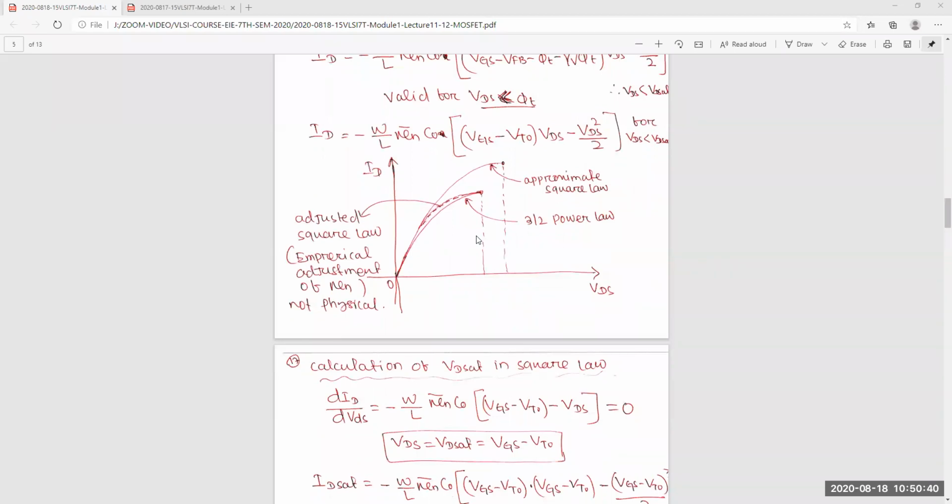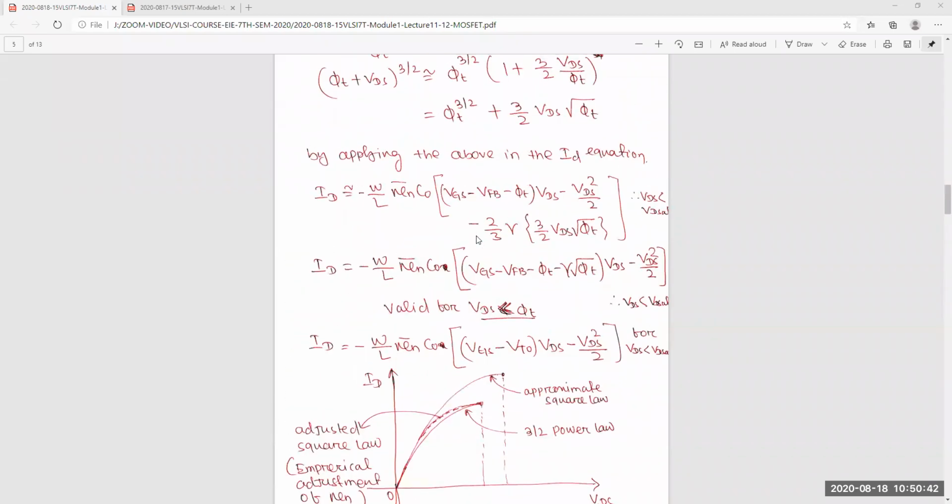So this part up to here is more mathematical, and still it's simple also. So how to calculate the original 3/2 power law equation, and then from that, how to approximate the square law equation, which is valid everywhere, for all the models.